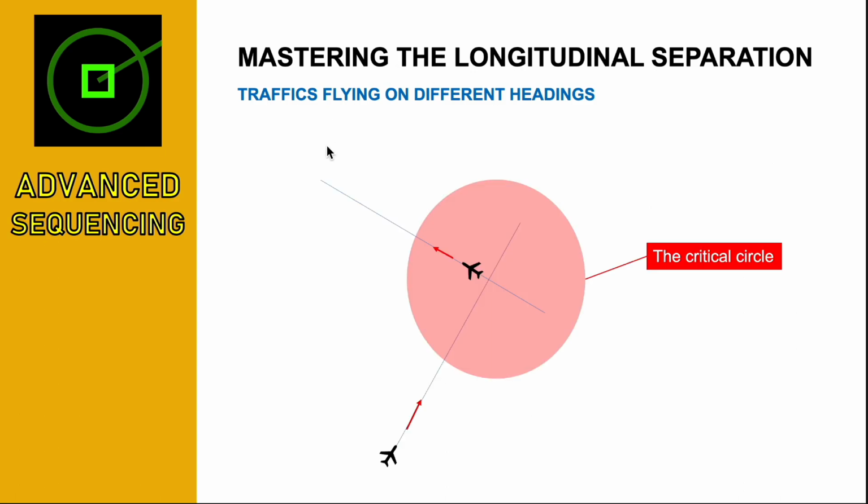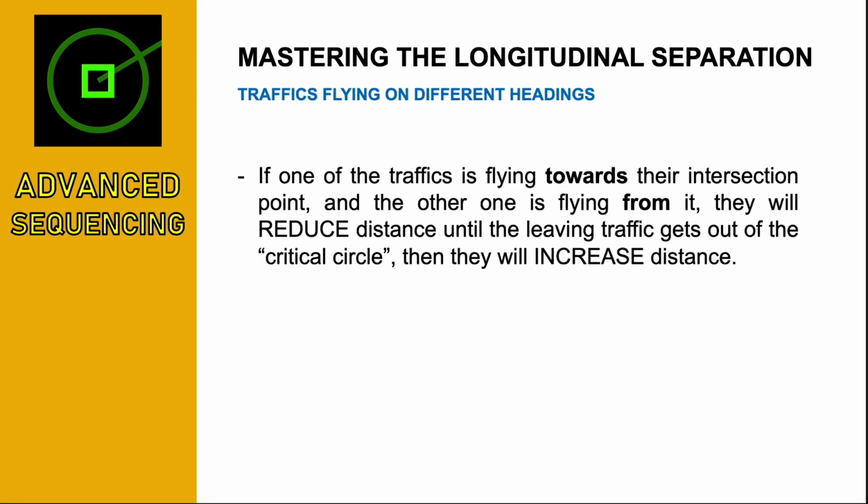There is a critical cycle where the departing traffic, if it's flying from the intersection point but is still in the critical cycle, that means that the planes are still reducing distance. But once this traffic is leaving the critical cycle, they are already increasing distance. So this is what it says here.